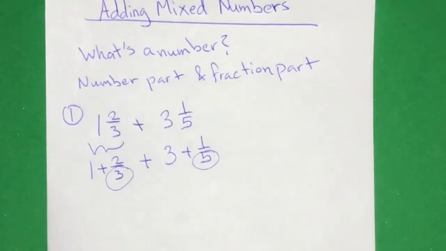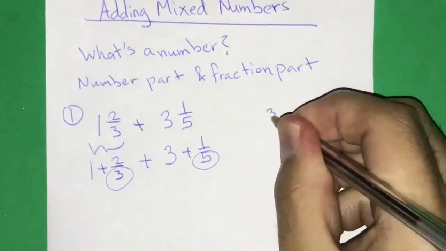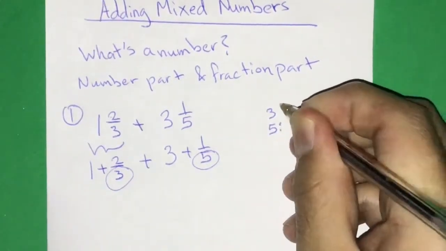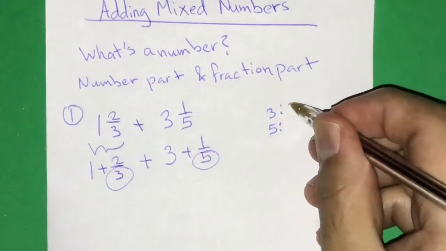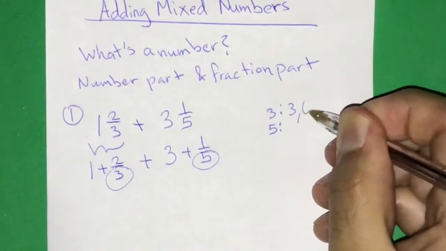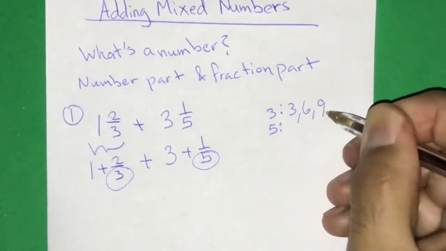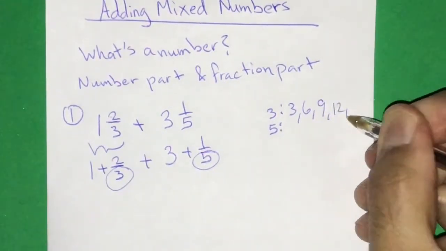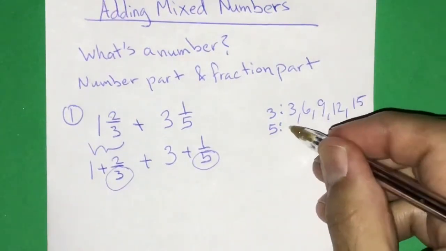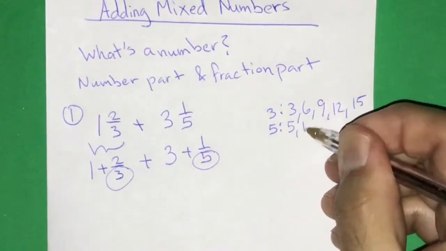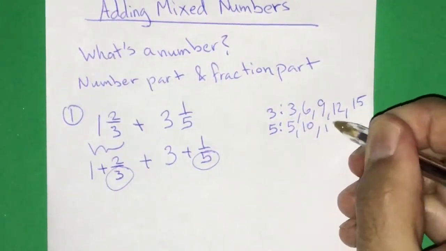One method we could use is the multiple method. We can list multiples of 3 and 5. Multiples of 3: 3, add another 3 we get 6, then 9, then 12, and then 15. Now 5: we get 5, add another 5 we get 10, another 5 we get 15.